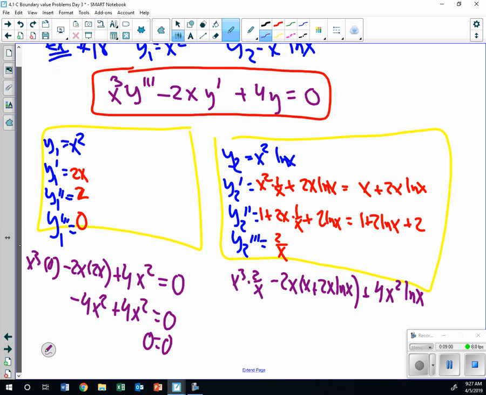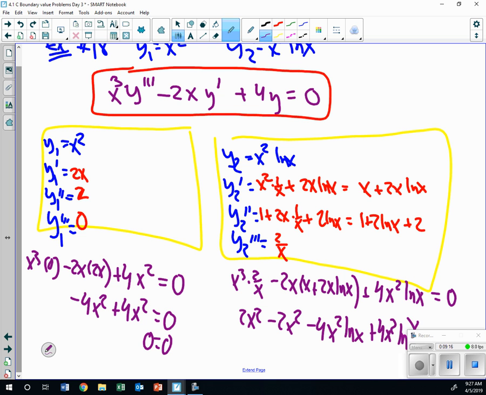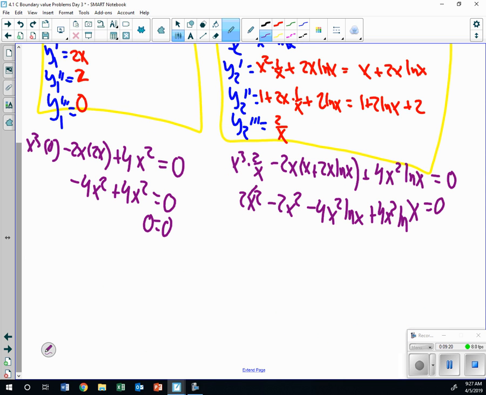And that hopefully is going to be equal to 0. So we get 2x squared minus 2x squared minus 4x squared ln x plus, how are we looking? Is it going to be equal to 0? Oh yeah. So those are verified.